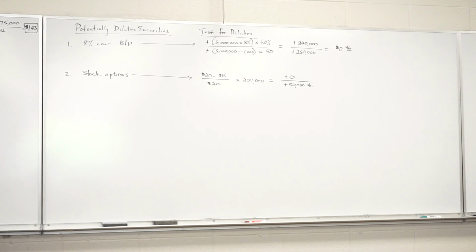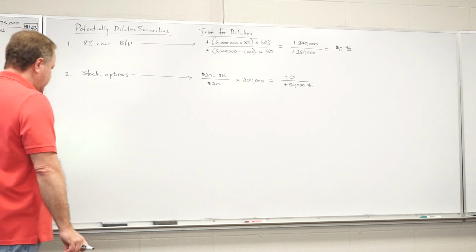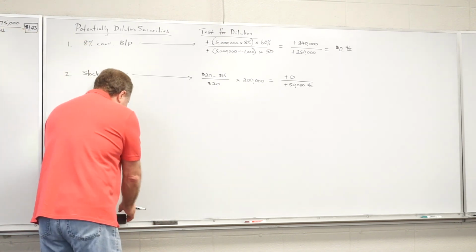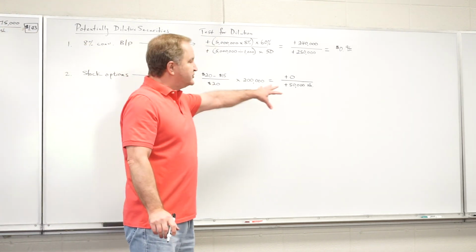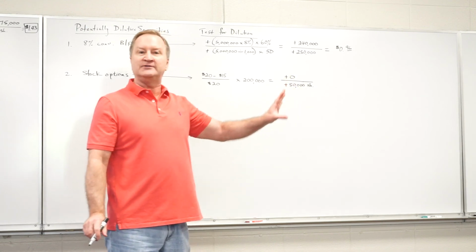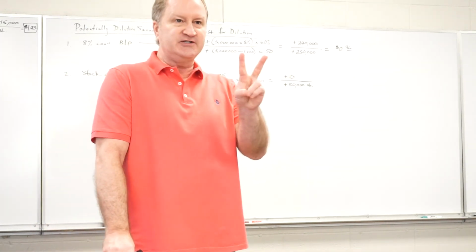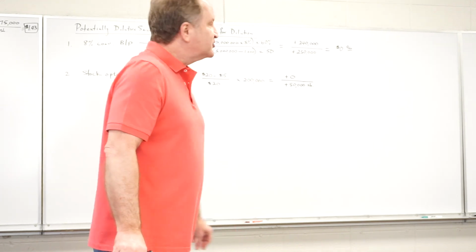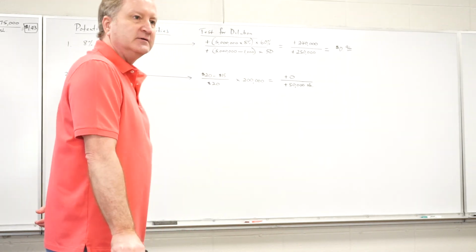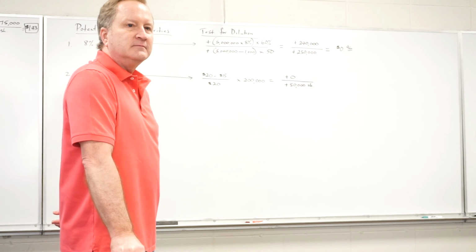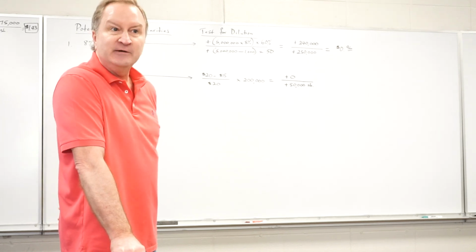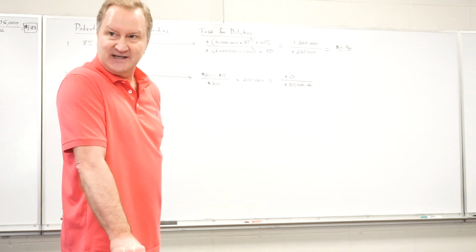Now, remember for dilution, after we go through the dilution test, we rank our answers from smallest effect to largest effect. Okay, so which one of these would be first? The stock option. Because the answer is 0. 0 divided by anything is 0.